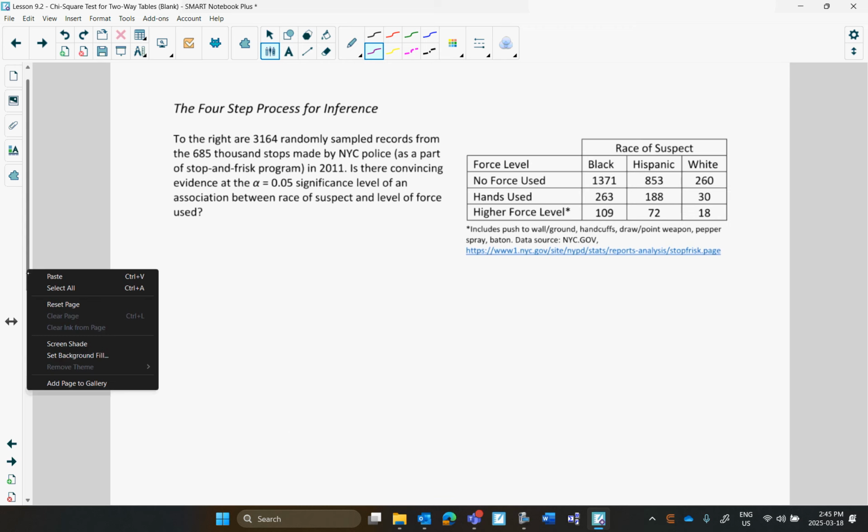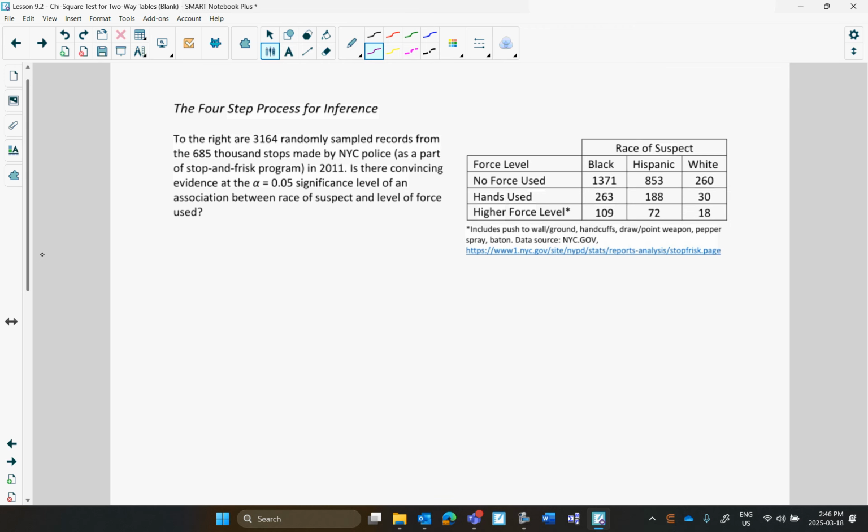But here, okay, this is our sample. And it says to the right, 3164 total out of almost 700,000 stops, 2011.